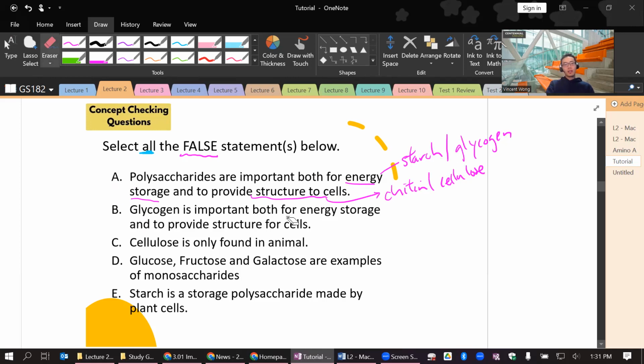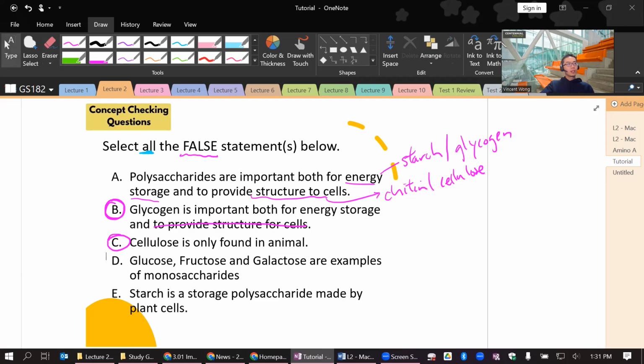Glycogen is important both for energy storage and to provide structure for cells. That is incorrect. That's the false one. That's why I'm circling it. Glycogen is only for energy storage, not for structure. Cellulose is found only in animals. That is not true. Cellulose is found in plants. Sorry, did someone have a question?